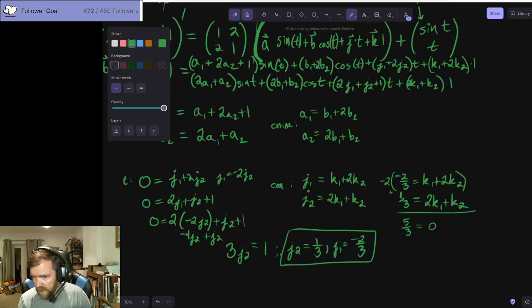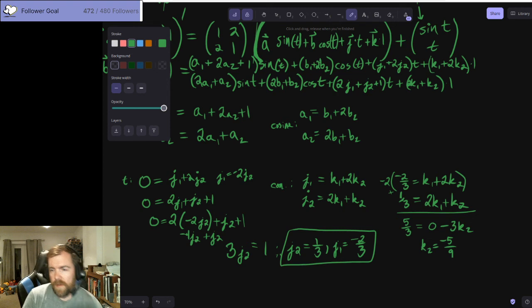Minus 4K2 plus 1 is going to be a minus 3K2. So it looks like K2 is going to be a negative 5/9. And K1 is going to be equal to negative 2K2. So that's going to be 10/9 minus 2/3, which is 6/3. This is going to be a positive 4/9.